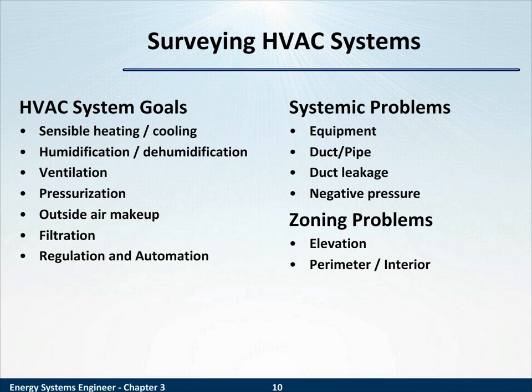Consider just one elevation, maybe the west. Western elevation in Phoenix in the afternoon has a substantial solar heat gain. How would that differ on the perimeter of the building versus the interior shaded portion of the building?